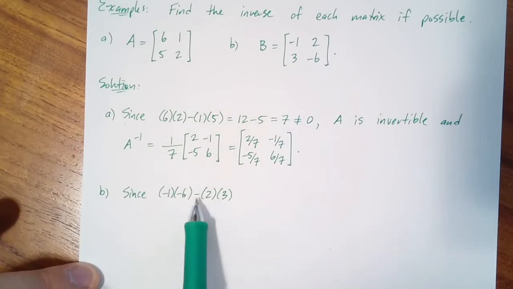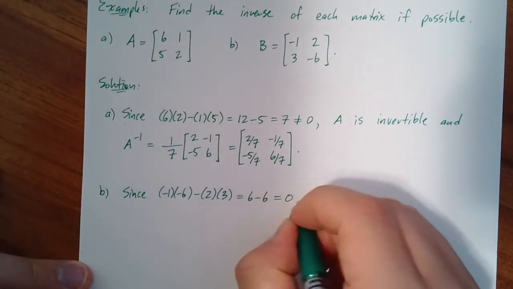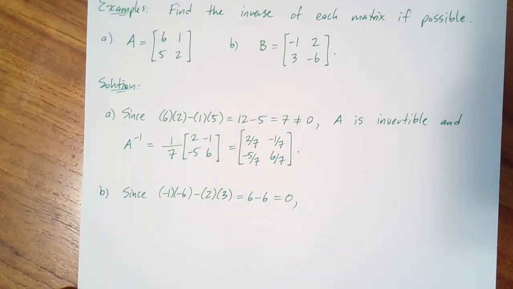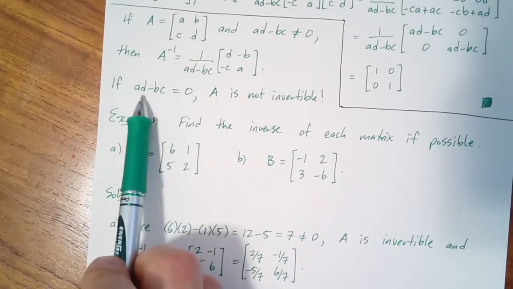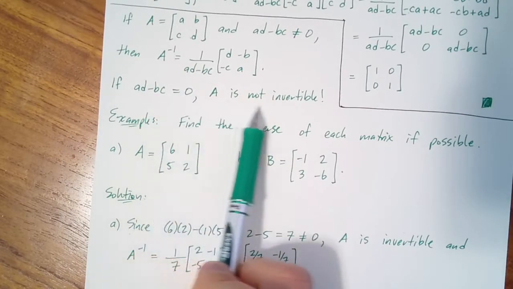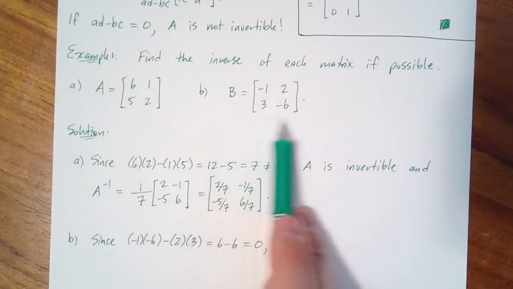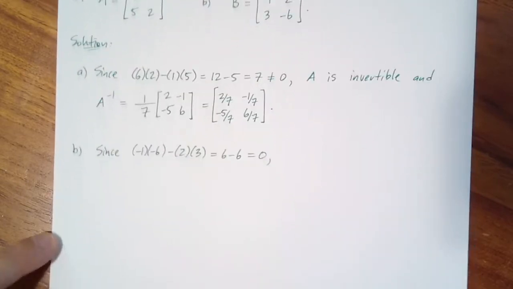Well, that's equal to 6 minus 6, which is equal to 0. And whenever that happens, if you work out this expression AD minus BC for a particular matrix and you get 0, then that means the matrix is not invertible. But we're talking about the matrix B down here. So our conclusion is that this matrix doesn't have an inverse.